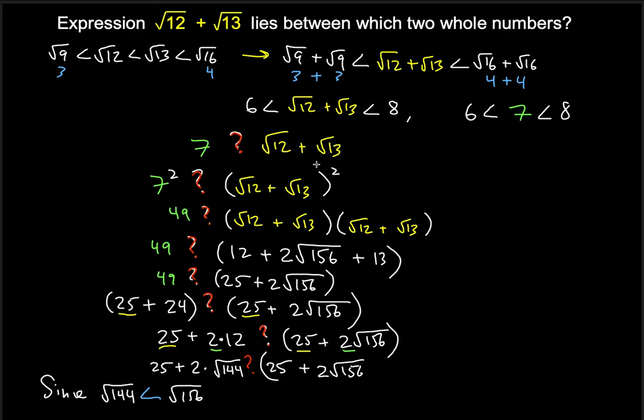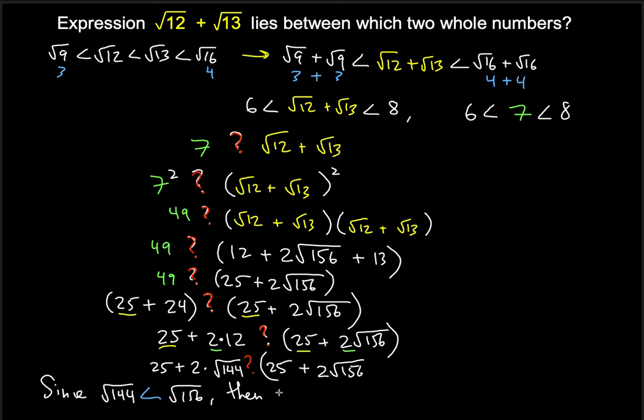Because just like the squaring we've done before, square rooting will not change the relationship, will not change the sign either. It will remain the same, right? Since this is a true inequality, then we can go all the way back to where we started from, 7 squared. So we can say then 7 squared is 49, so we can just write 49.